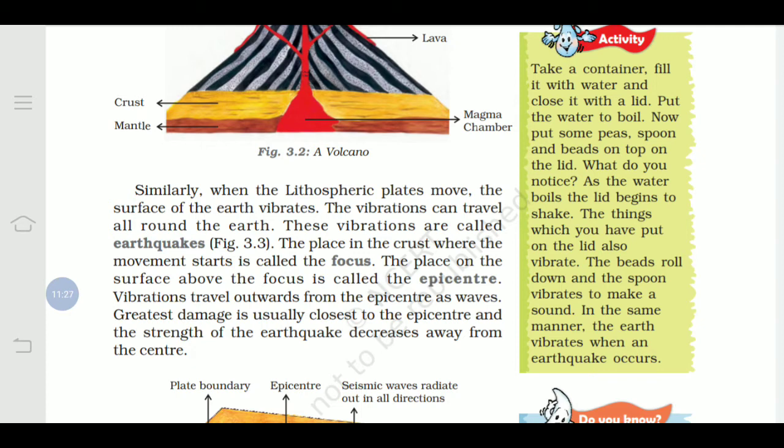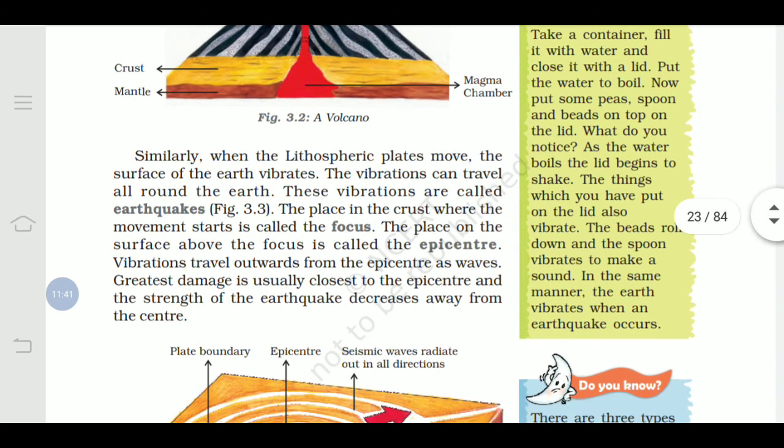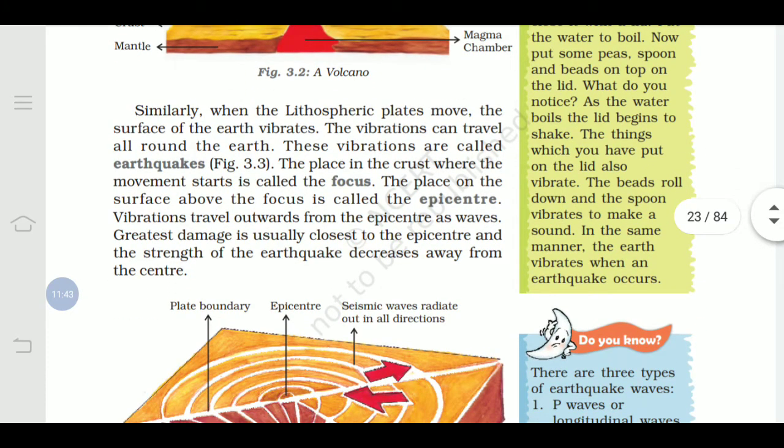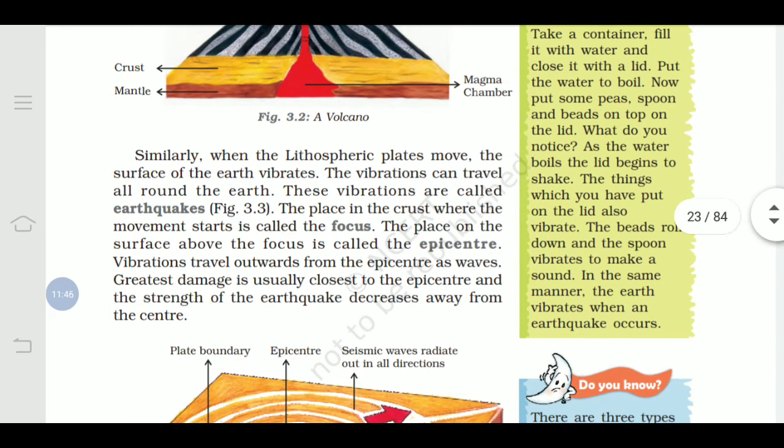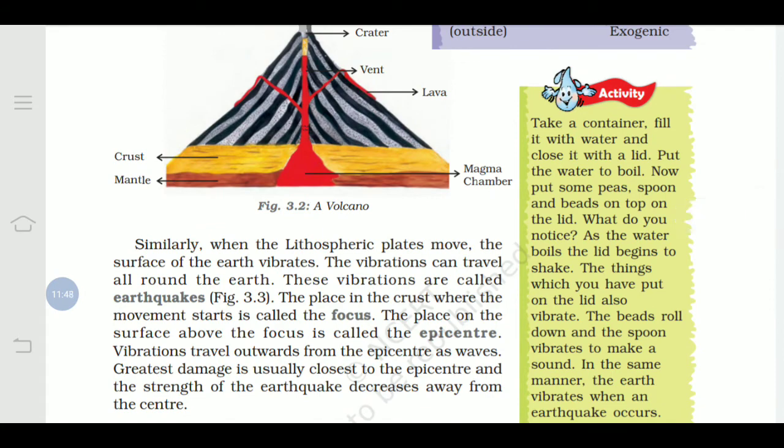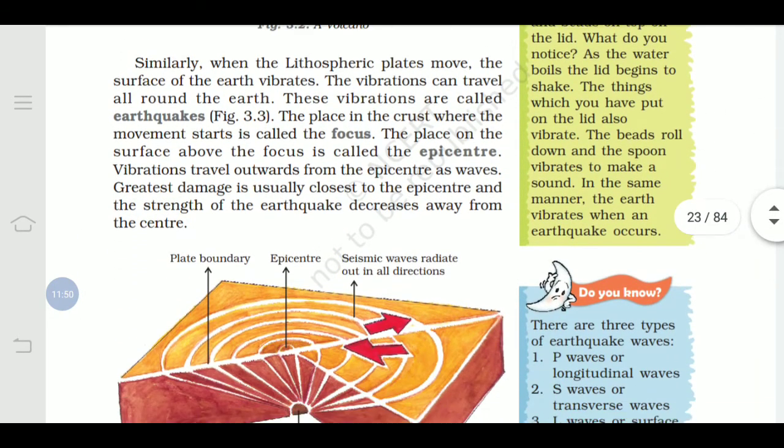The beads roll down and the spoons vibrate to make a sound. In the same manner, the earth vibrates when an earthquake occurs. Sometimes with the vibration, when earthquakes occur, you can hear the sound also. You can find this out by doing this activity at home.